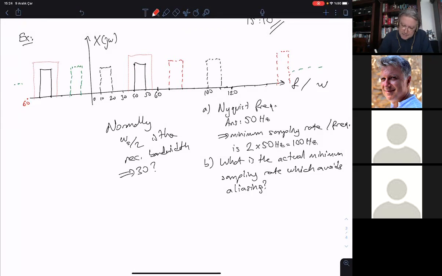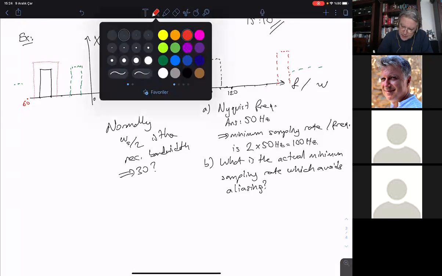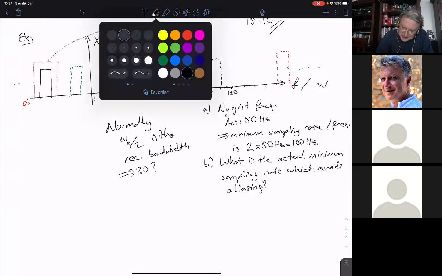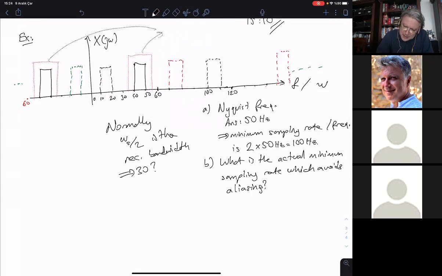If I apply these, oops, it's not like that. Yeah, this is better. If I have these two bandpass filters, I can use them for reconstruction.